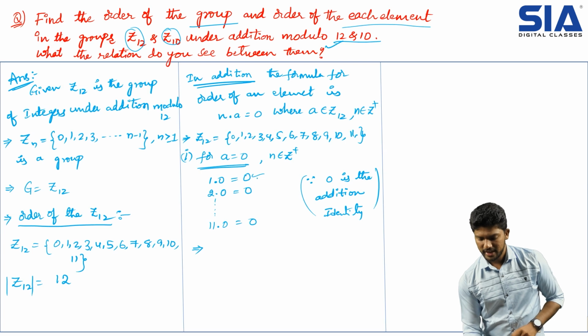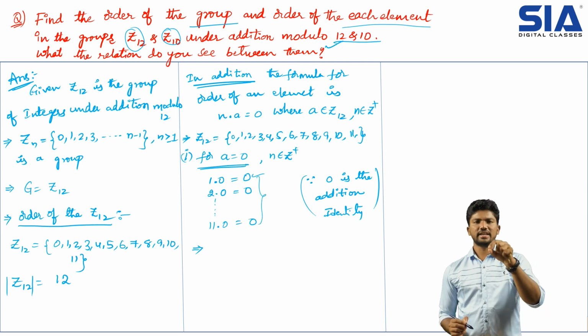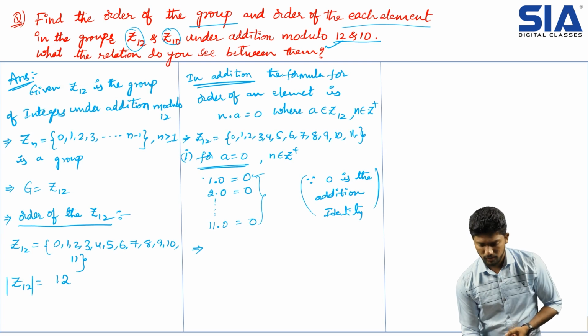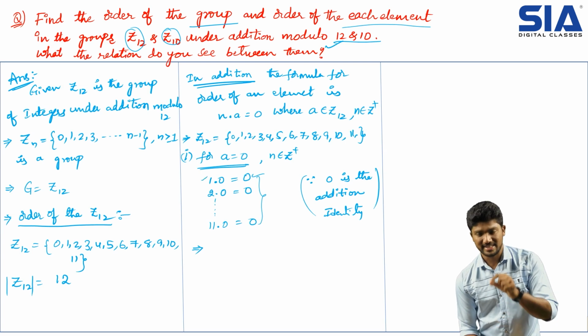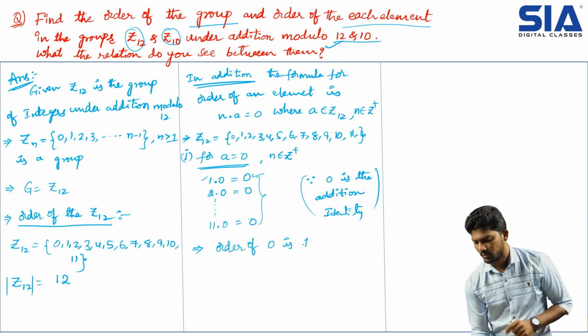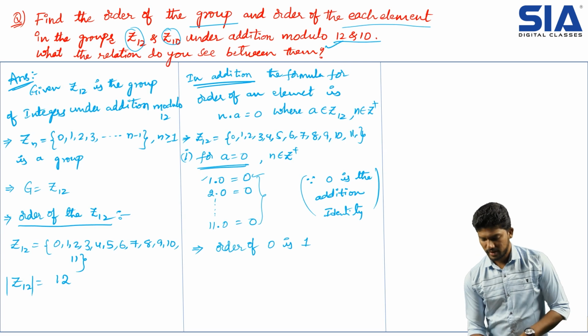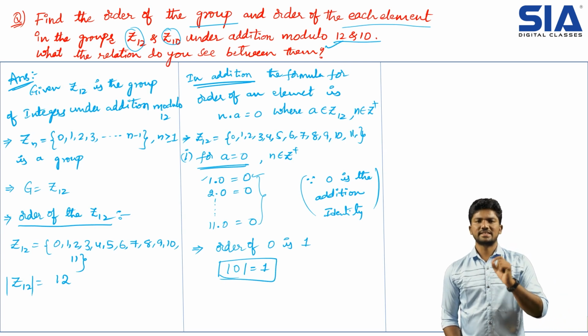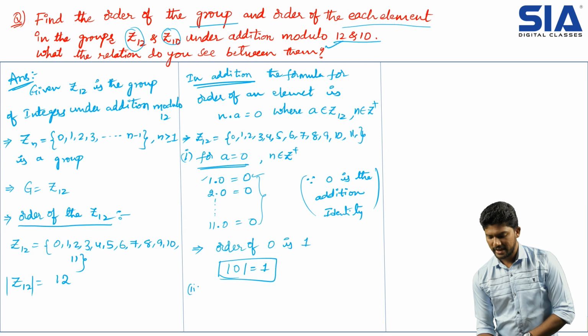Here in each and every case we got the resultant value 0. So the least positive integer out of 1, 2, 3 up to 11 is 1. Therefore, the order of 0 is 1. Mathematically, mod 0 equals 1. That is the order of the first element in Z12. Next, the second one, for a equal to 1.